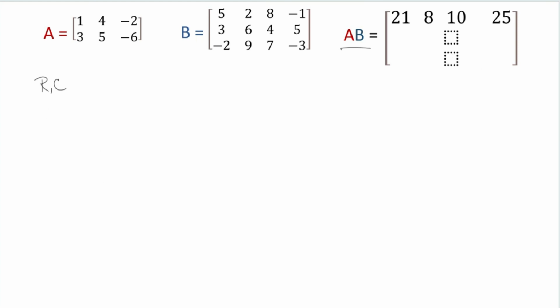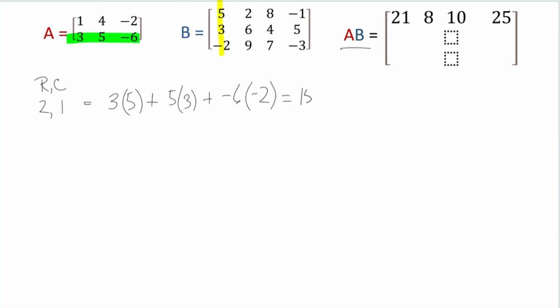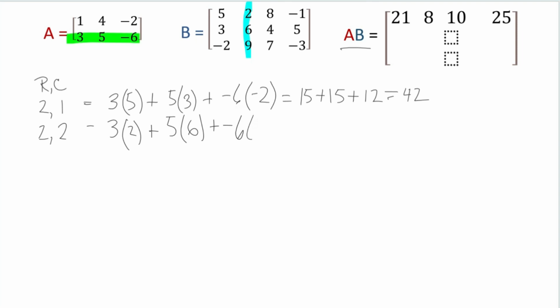Now we are going to go to our second row, row 2, column 1. That will equal 3 times 5 plus 5 times 3 plus -6 times -2. This equals 15 plus 15 plus 12, and that sums to 42. Row 2, column 2 will be 3 times 2 plus 5 times 6 plus -6 times 9.